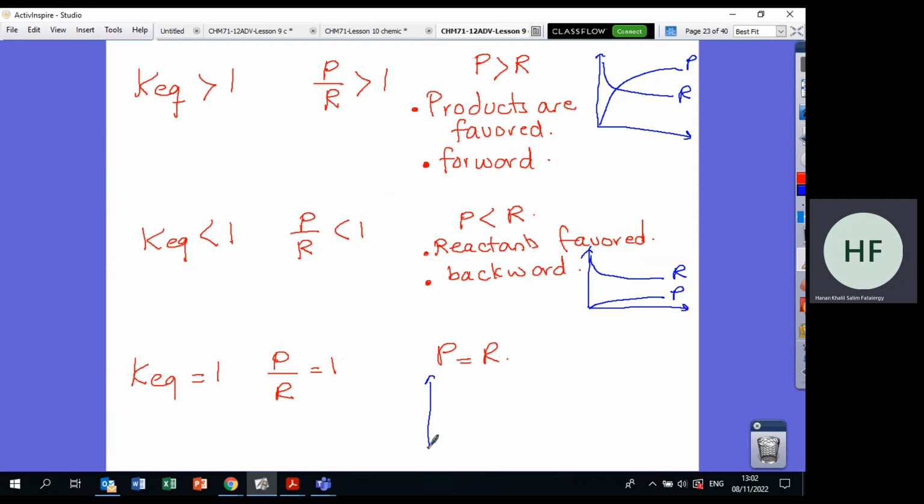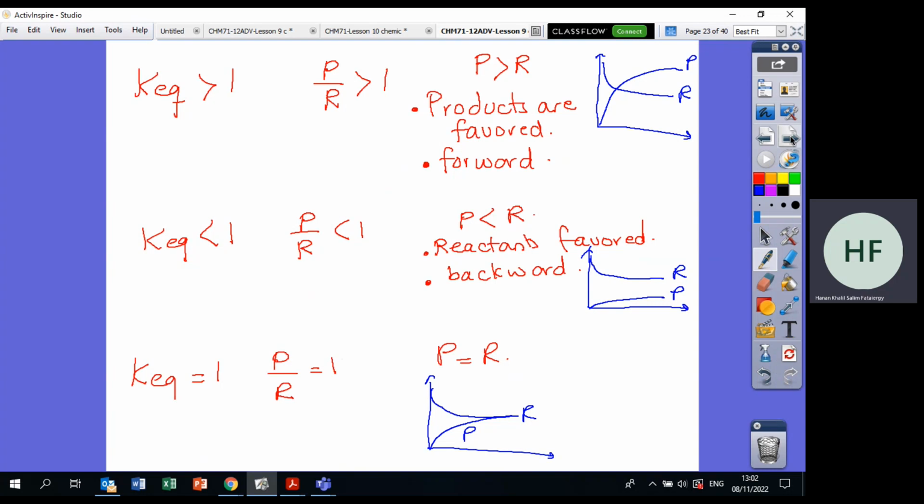Okay, here in this case, these are the reactants. Now the products are equal to reactants, so the products will increase and they will go together with the reactants. Okay, so these three cases are very important. After you calculate KEQ, you can tell who is favored, if products are favored or reactants are favored.